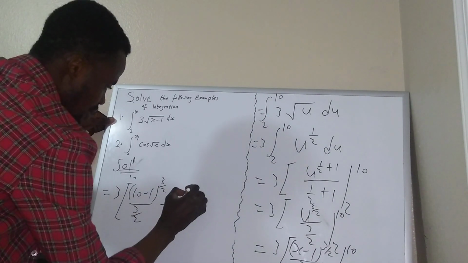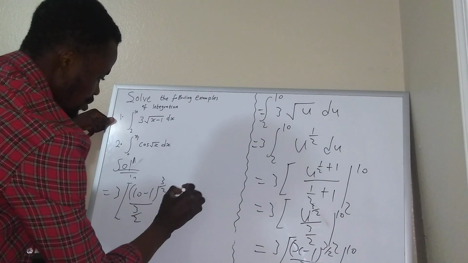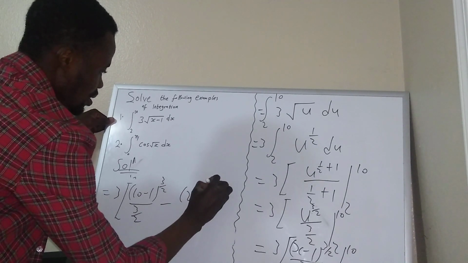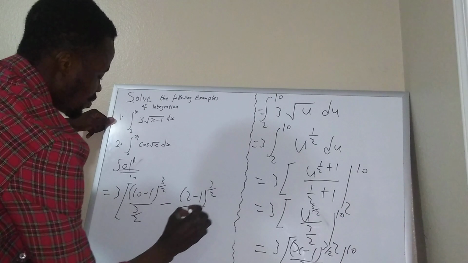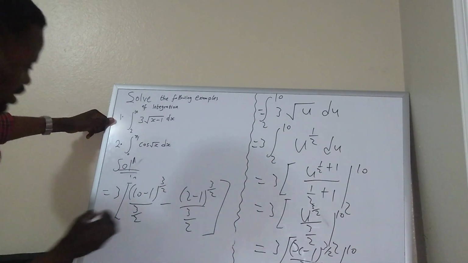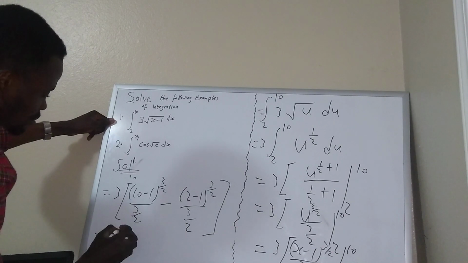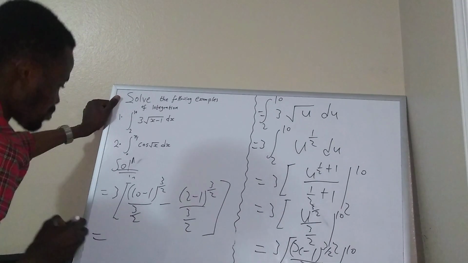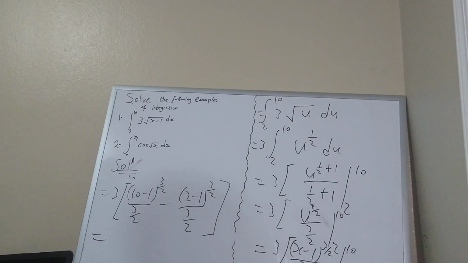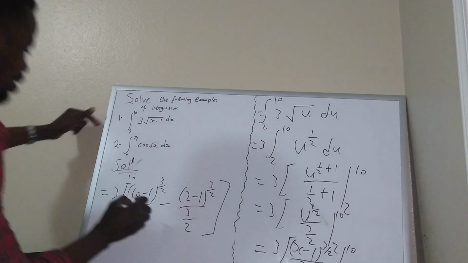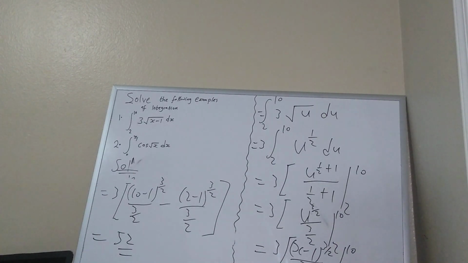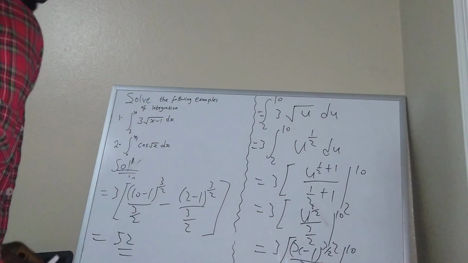Minus, then you put in the lower one, which is 2 minus 1, to the power 3 on 2, all divided by 3 on 2. So if you work on this one, your answer is going to be 52. So the final answer for this integration is equal to 52.